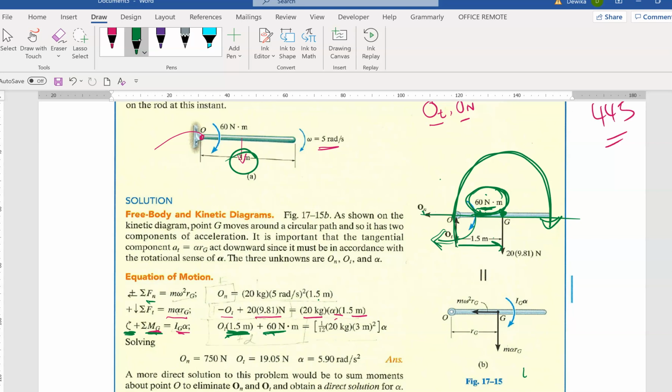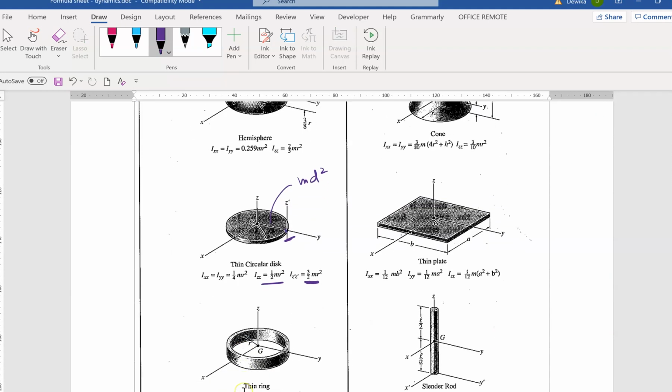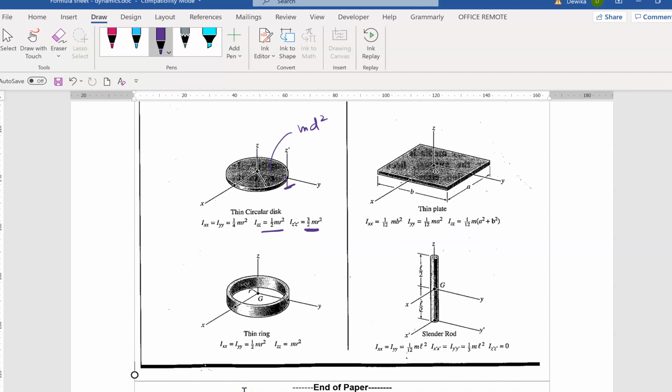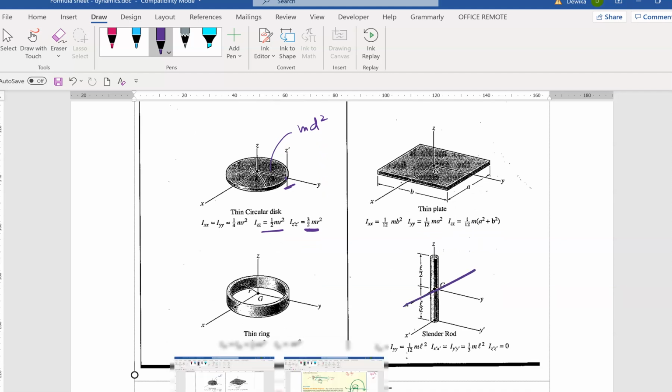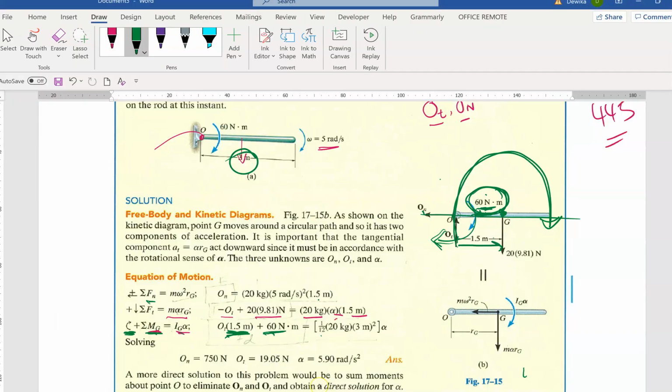So what we have here is that Ig. This is a rod. So for rod, remember we go back to these. Rod axis XX, because it's in the middle. Let me just look at the question. Is this right in the middle? Yeah, right in the middle.